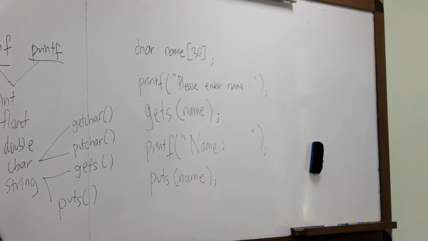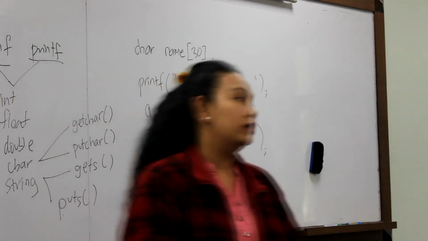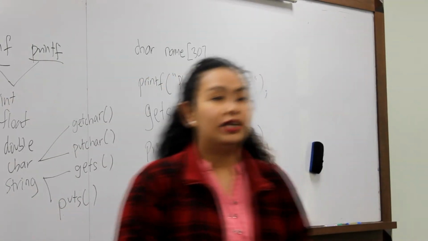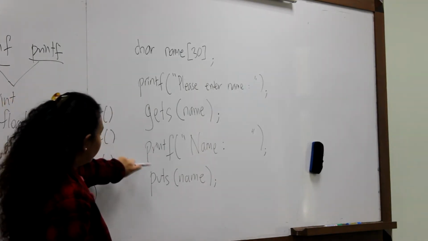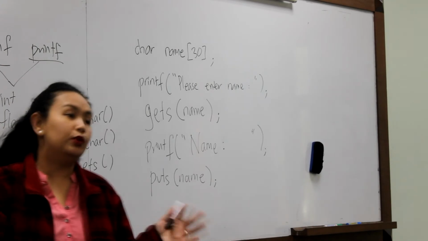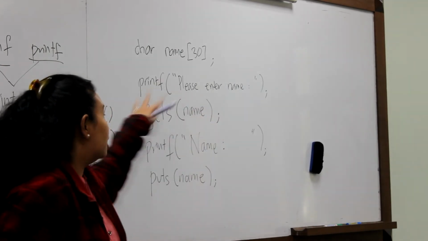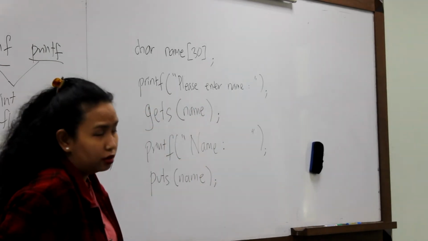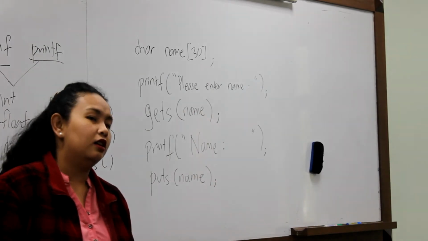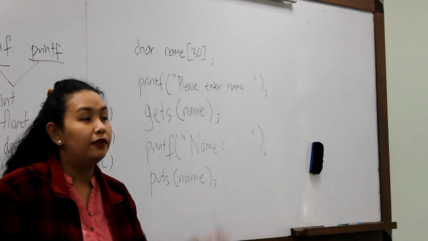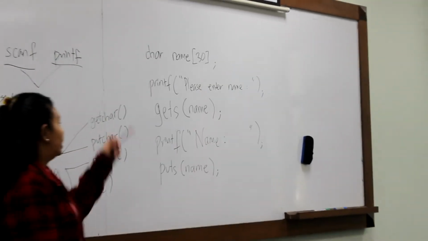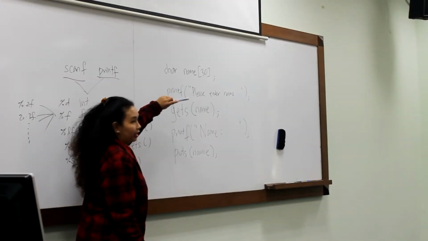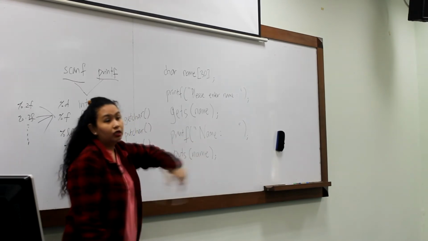Due to the rubbish data that we can find in the buffer, you can always put fflush(stdin) somewhere here and probably somewhere here. We will do that in the lab. So right now, for your exam paper and for today's lecture, you don't have to put it, but in the lab, if you want a clean output, please use fflush(stdin) when you try to scan and when you try to print.